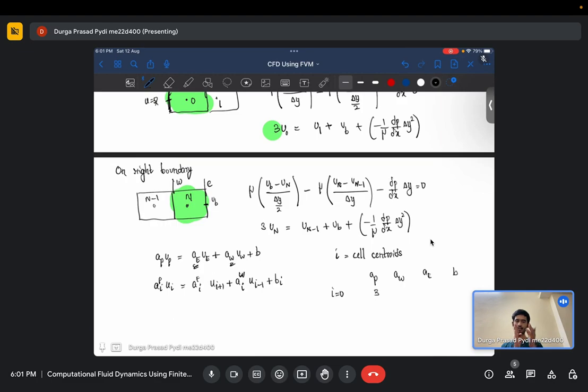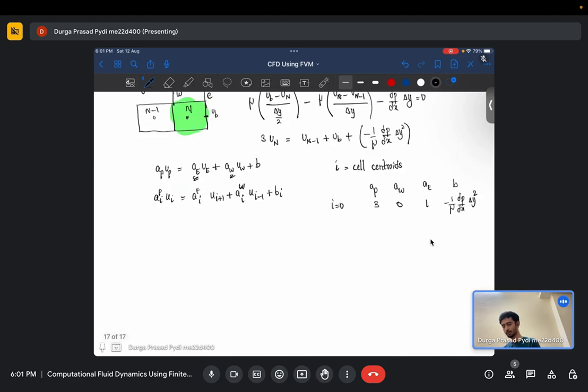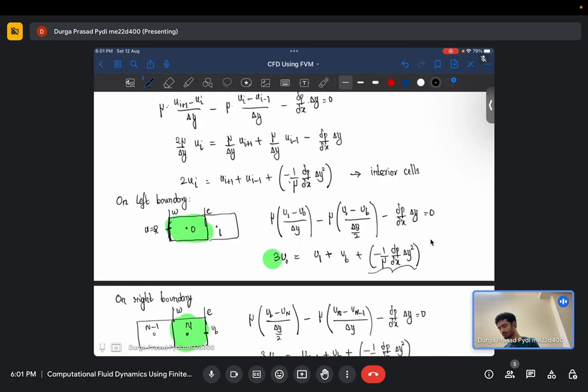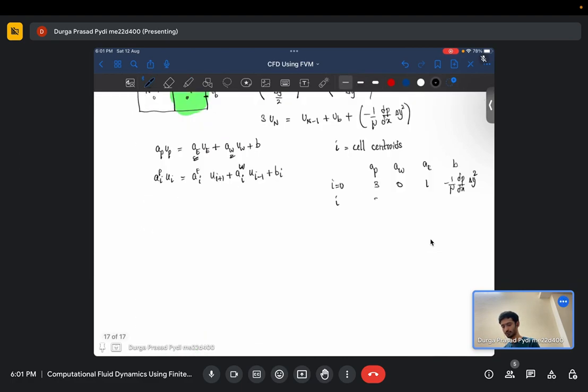For the first cell, there is no west neighbor, so AW is 0, and for the east neighbor the coefficient is 1. B is essentially your term over here, minus 1 by mu dp dx delta y square. For all the interior cells, we have this equation where your AP is your first term, so that is 2, A west and A east are 1, and B will be the same.